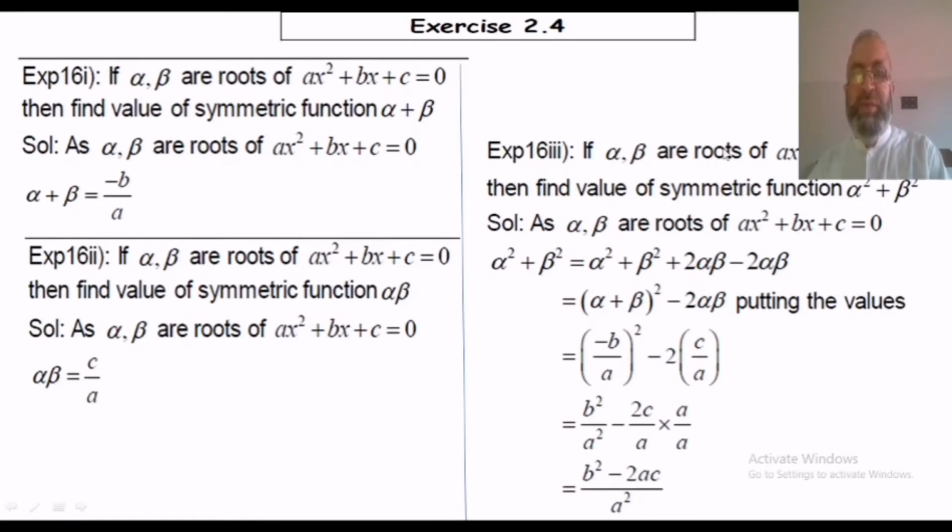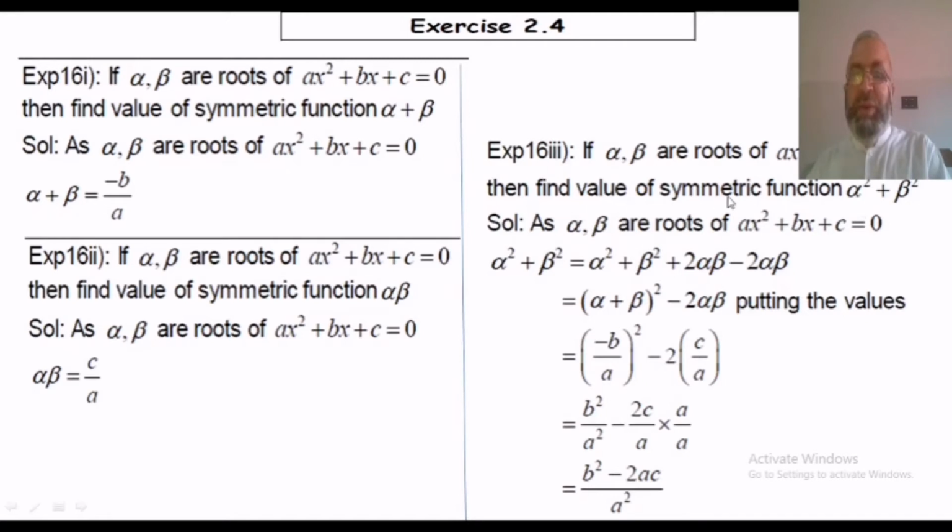Similarly, for another function, alpha square plus beta square, we interchange it into sum and product, because the sum of the roots and the product of the roots are the two basic symmetric functions. So every type of symmetric function we will change into sum and product, like this one, example part 3.